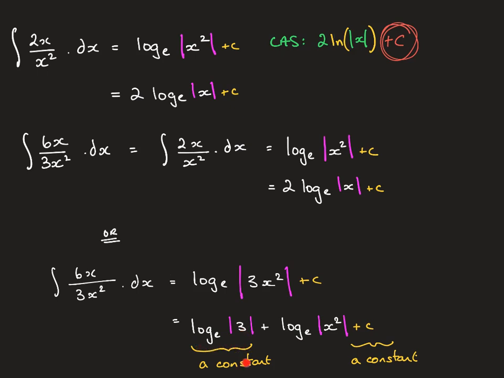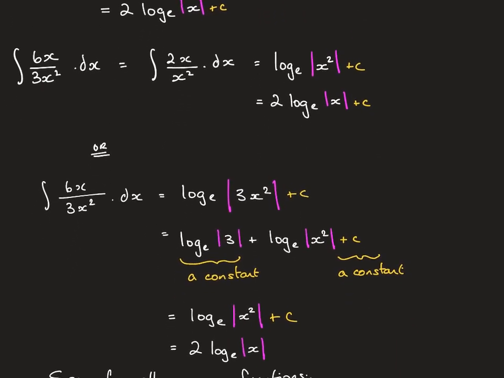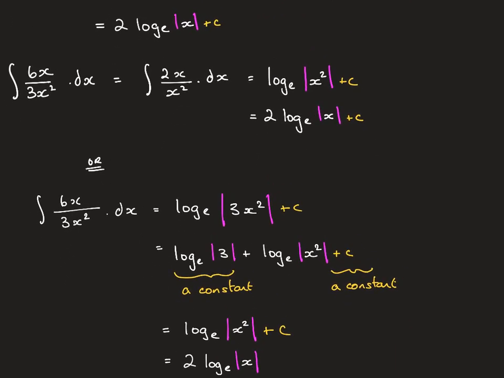And here we go again with these constants. And I've got plus c on the end, which is also a constant. So I have a constant plus a constant, and that gives me just a single constant. Okay, so you can see here that I've just combined this together to be plus c, meaning a constant. This c doesn't have a value, it can be any value, so it's some kind of constant.